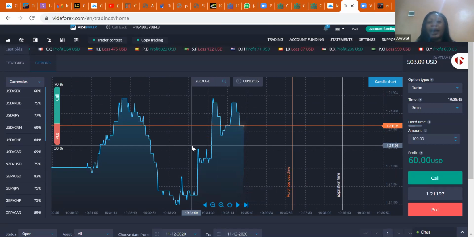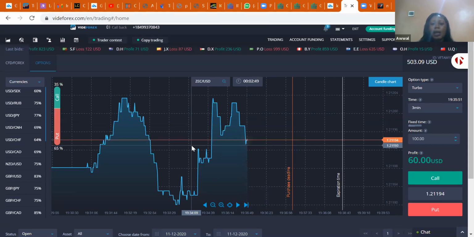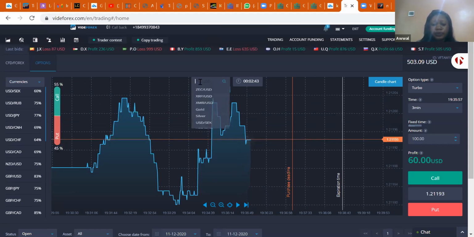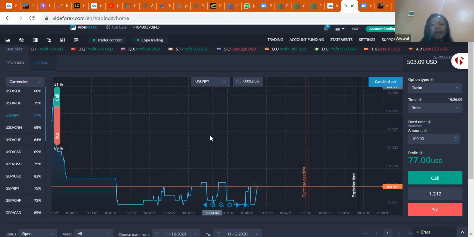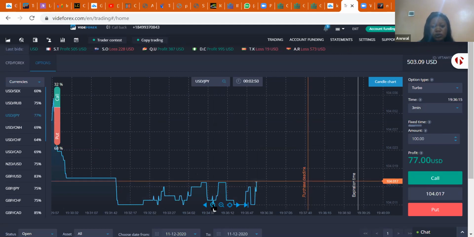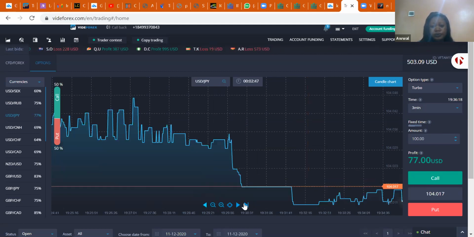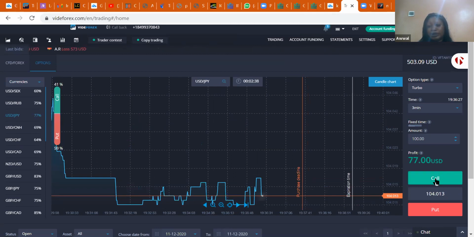If I say I want to buy, let's go to USD JPY. You can see I clicked on USD JPY. Let's say I want to buy USD JPY for 3 minutes.